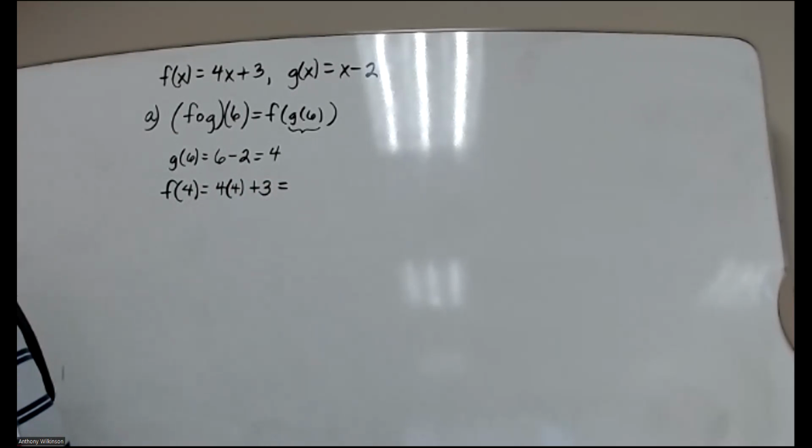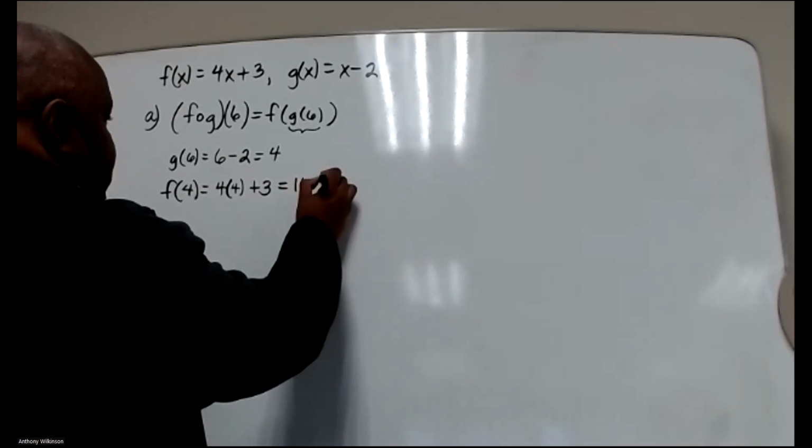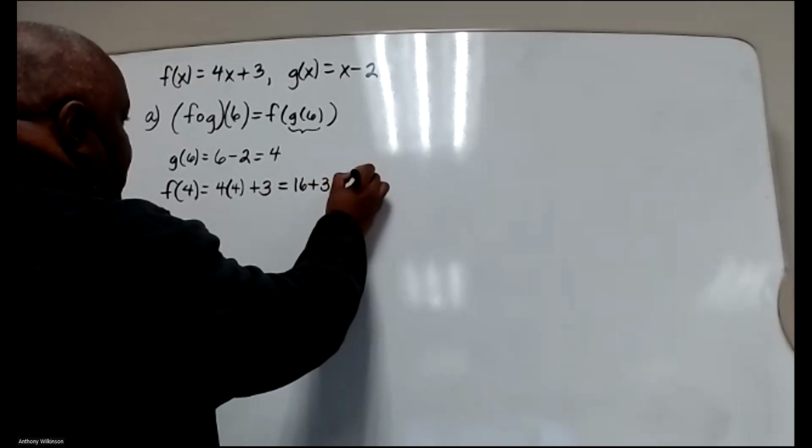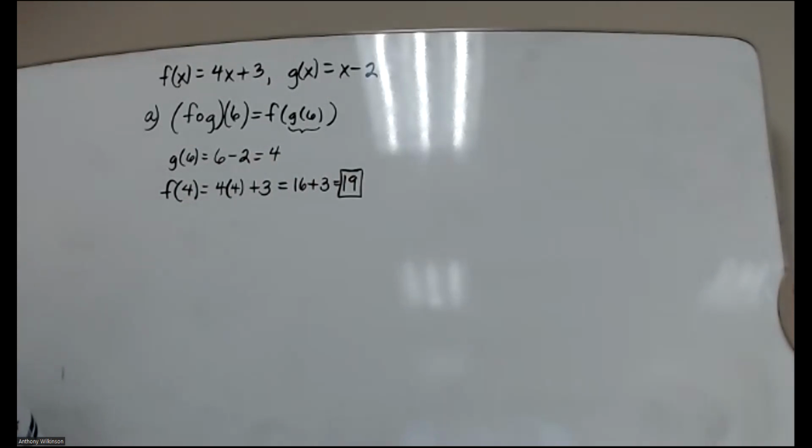When we simplify that, 4 times 4 is 16, 16 plus 3 is 19. So the composition of f with g at x = 6 will end up being 19.